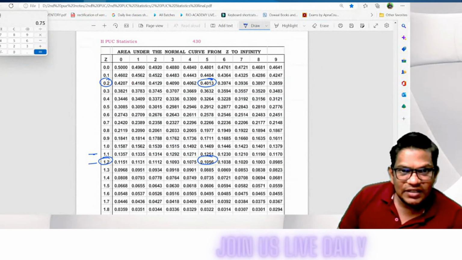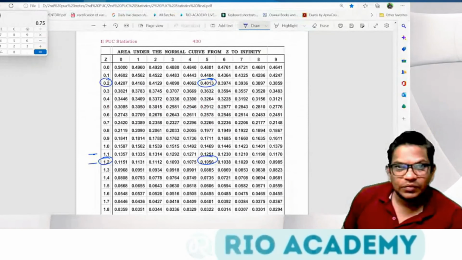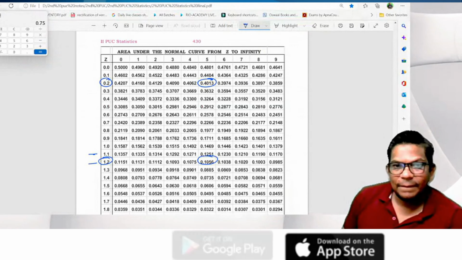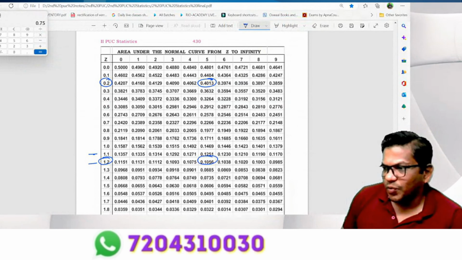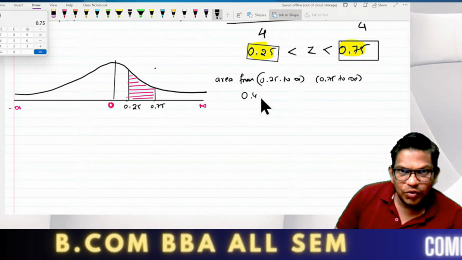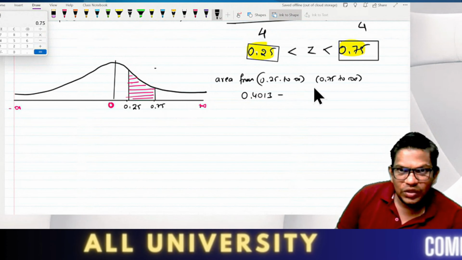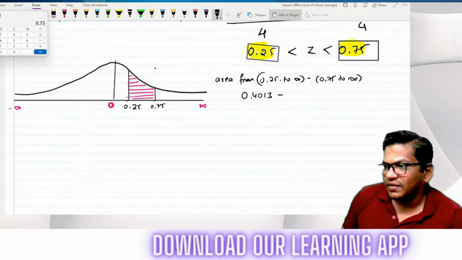That is what बच्चों? कितना है? 0.4013. And that is to be minus. Minus one what it is? 0.2266.